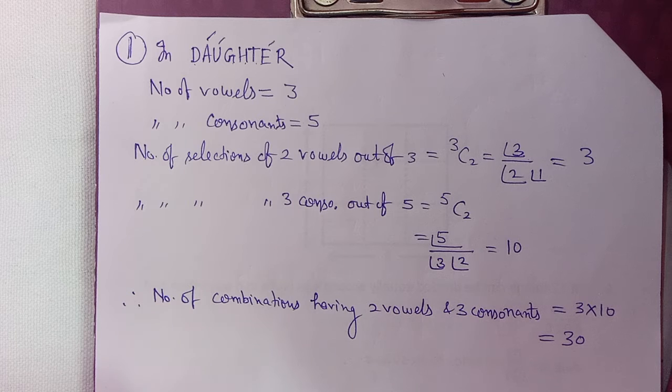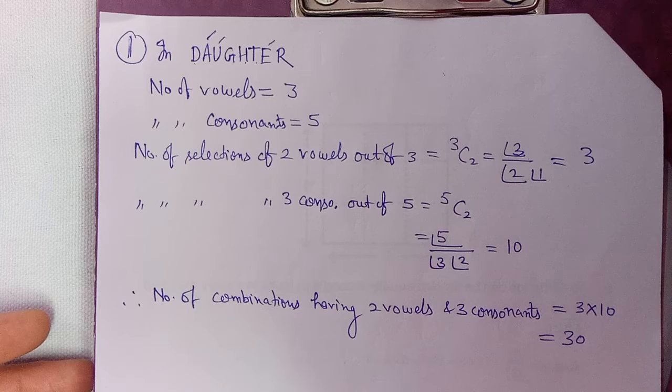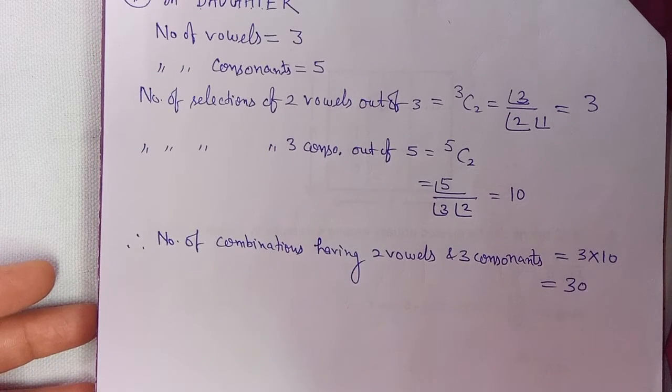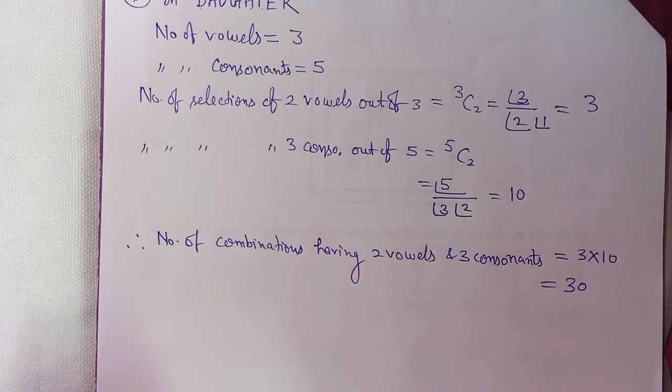Now the question is, in how many ways can you arrange each combination out of these 30? Each combination has exactly 5 objects or 5 letters.